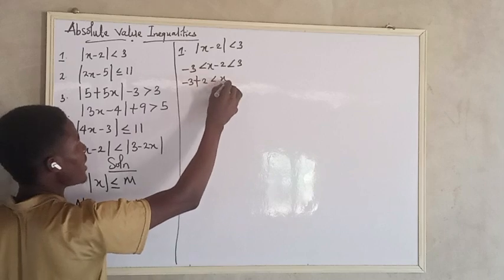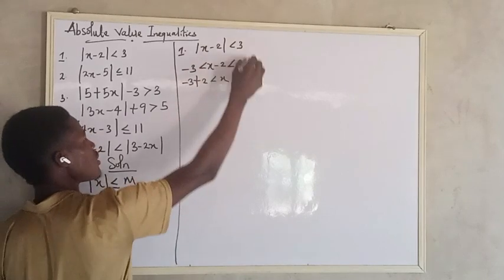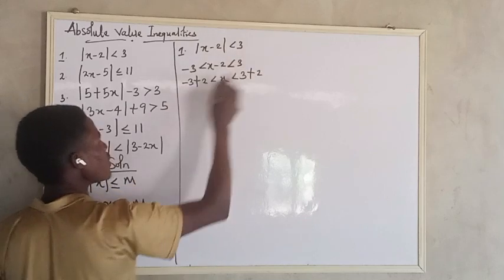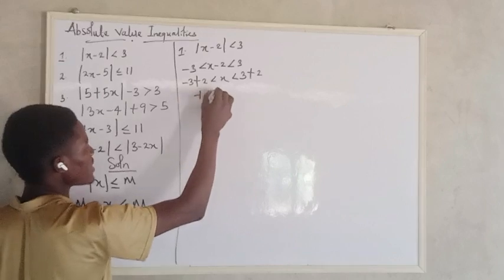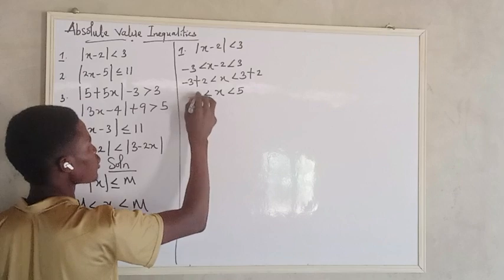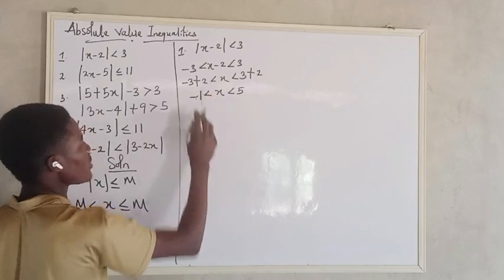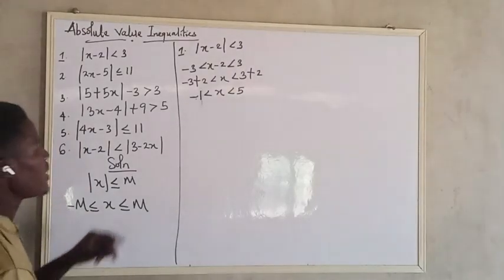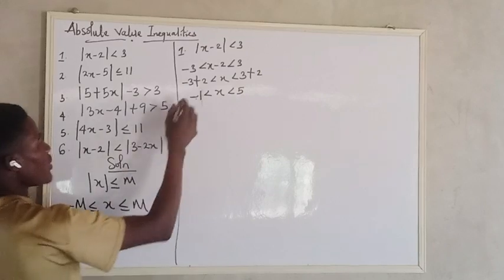Then on this side, the 2 crosses and becomes plus 2. So minus 3 plus 2 gives me minus 1 less than x less than 5. So this is the solution. That's for question 1.